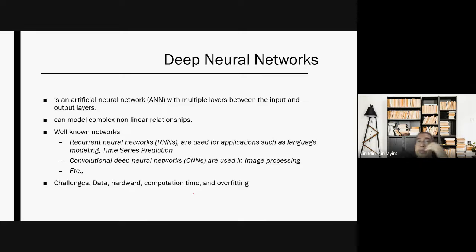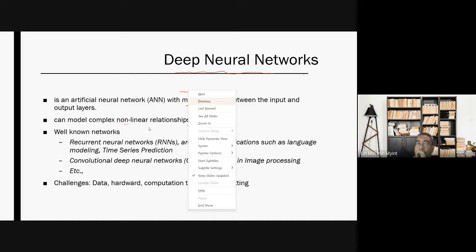One of the famous architectures in deep learning is the deep neural network. A deep neural network means you have many layers in an artificial neural network, just an ANN, but with many layers between the input and output. As I mentioned, maybe 10 or 100 layers, and it can model complex nonlinear relationships.